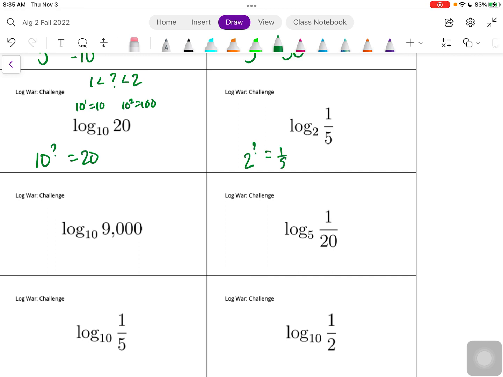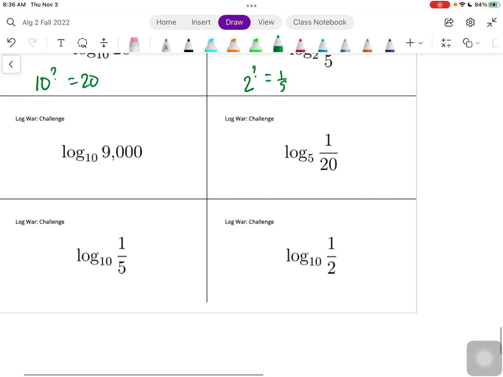So we've got, let's see, 2 to the -2 is equal to 1/4, which is a little bigger than 1/5. And then 2 to the -3 is equal to 1/8, which is a little smaller. So it's got to be between -3 and -2.